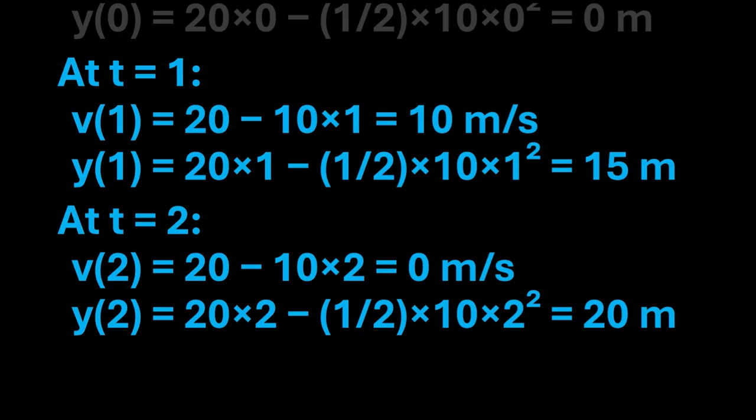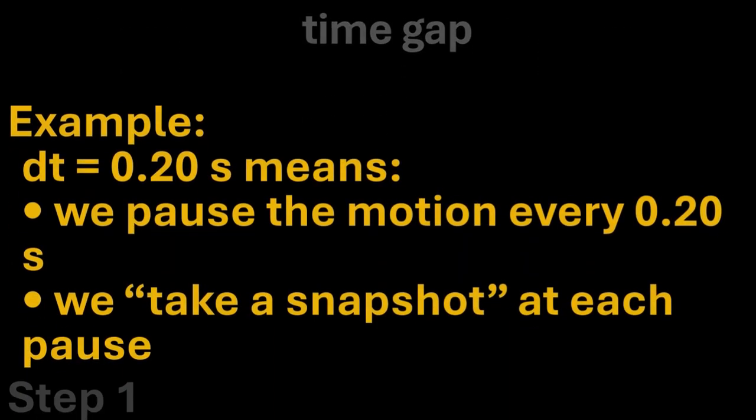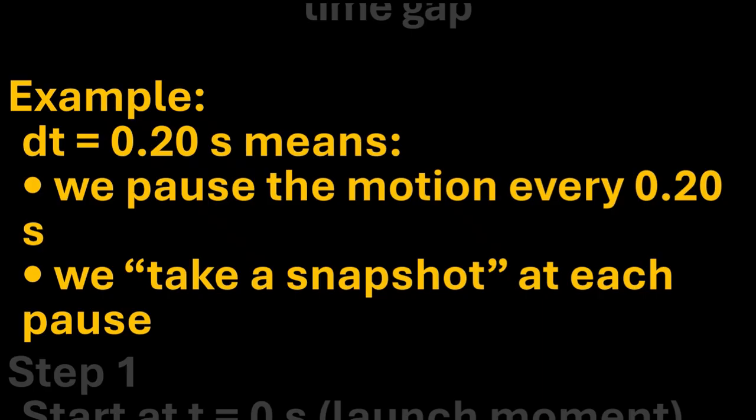So what we will do is plot the values like this for dt, which means dt is equal to 0.20 seconds. We pause the motion every 0.20 seconds. So we take a snapshot at each pause, which means at every 0.20 seconds, we will find out the corresponding velocity and the position, displacement of the object throughout this vertical projectile.